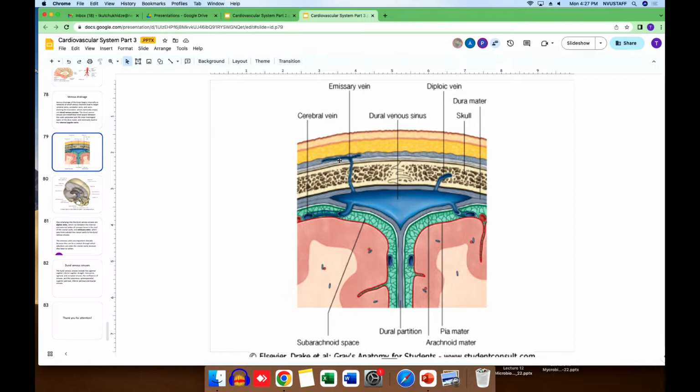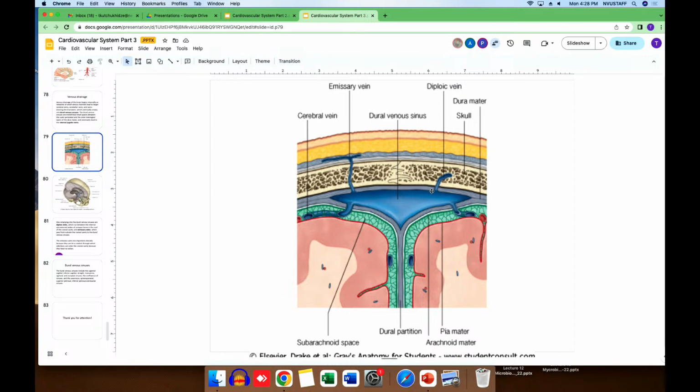that are opening in the connective tissue, and they supply mostly the superficial layer of the bones, right? They are called emissary veins, and they open straight into the dural venous system, right? And as you see further, we also have our diploic veins.